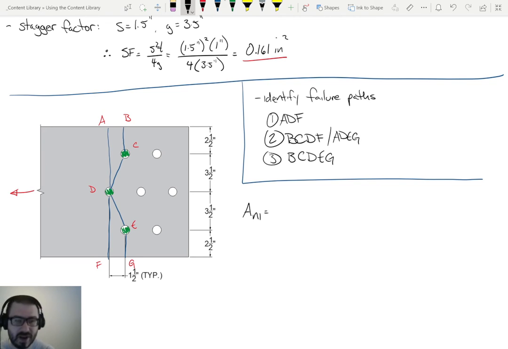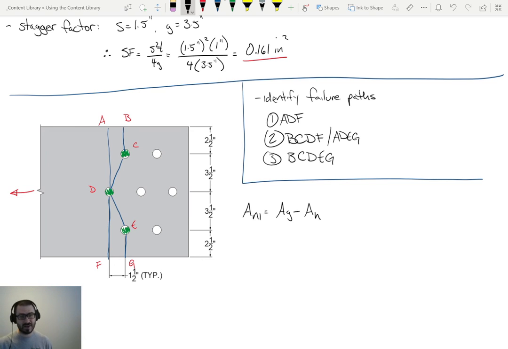So for net area 1, this is the one, ADF. Let's look at path ADF and ask, what's the net area for that path? Well, it's the gross area minus the area lost due to the presence of bolts. That doesn't change. So how many bolts do we pass through along path ADF? We pass through 1. And do we add any stagger factors?